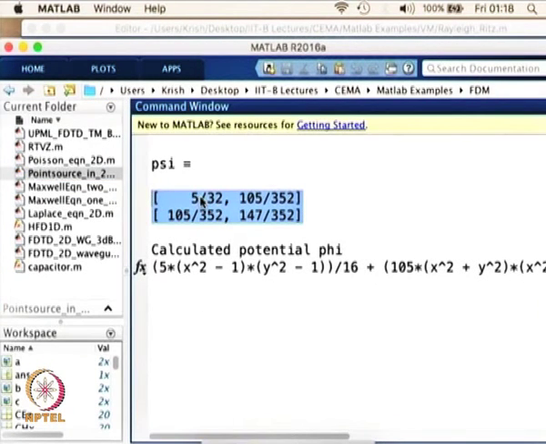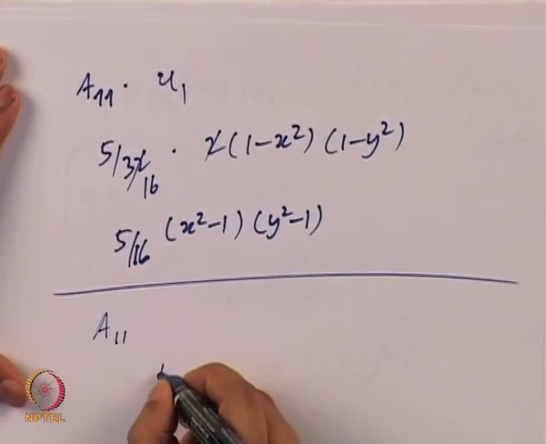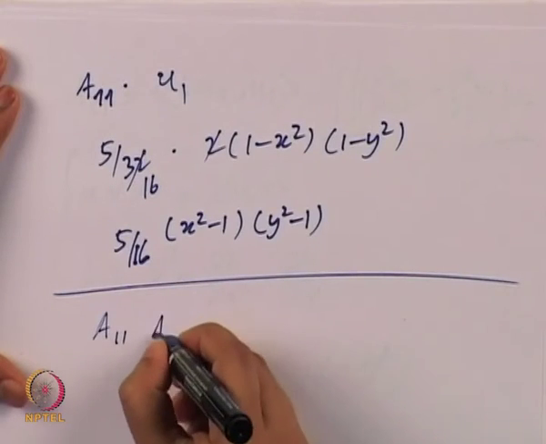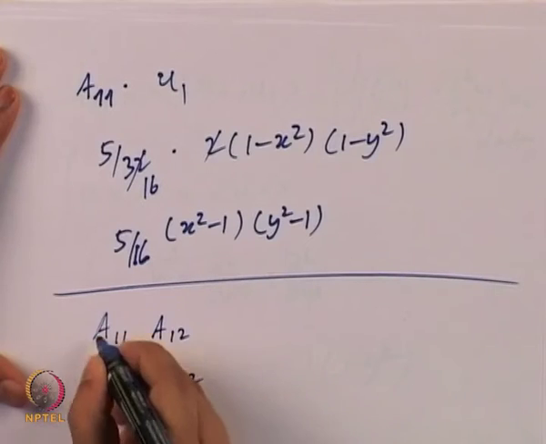The first value is the same value that we had before, 5 by 32, which is good, and we are getting another value which is 147 divided by 352, and as I explained before, A12 which is 105 divided by 352 is the same as A21 which is also 105 by 352. In other words, I write it again, A11, A22, A12 and A21.